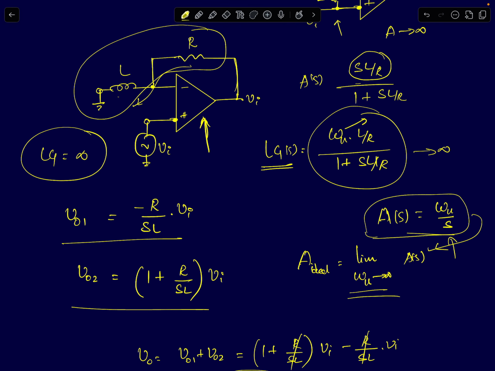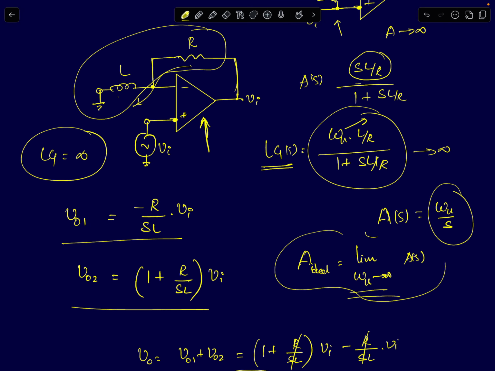And I've shown you guys why that assumption is not wrong by using a simple mathematical model for the op-amp's gain response. You take a practical op-amp's frequency response and let its UGB tend to infinity. Then you get the ideal op-amp's response. And if you assume this as your ideal op-amp's frequency response, where omega u by S and omega u tends to infinity, you can show that the loop gain itself will tend to infinity.